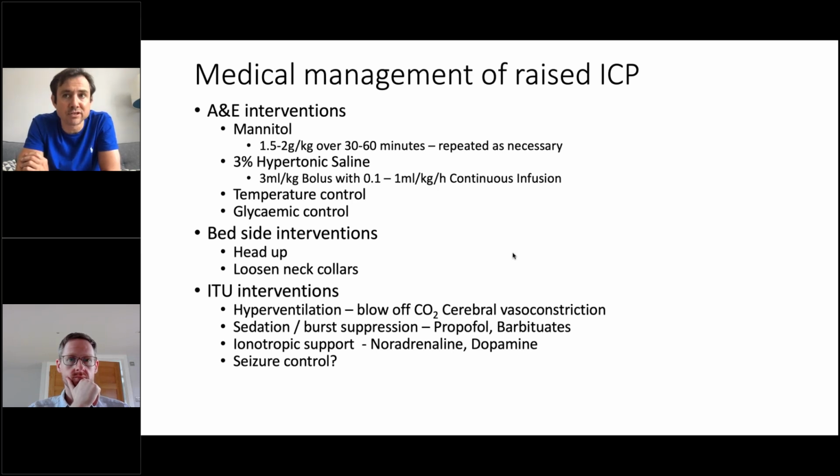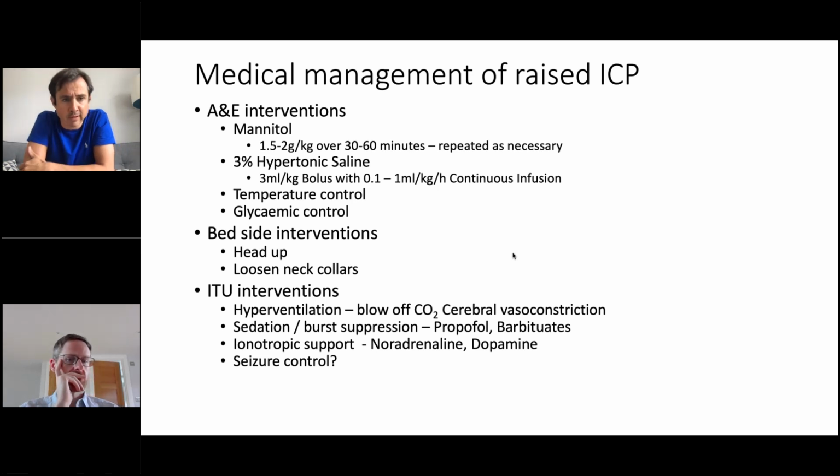It's really a holding measure while you get your ducks in order in terms of whether you're going to offer decompression or whether further surgery is indicated. Burst suppression, sedation, inotropic support to drive the mean arterial pressure. Again, that's becoming less in vogue, but in many cases necessary, and seizure control.